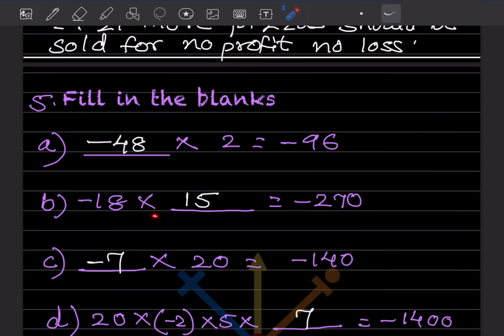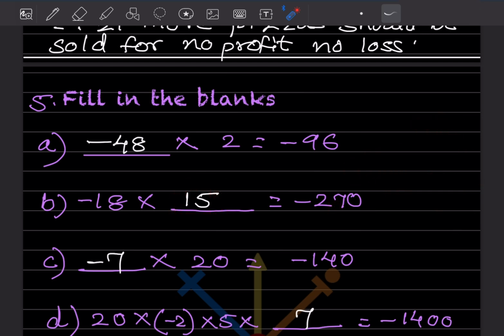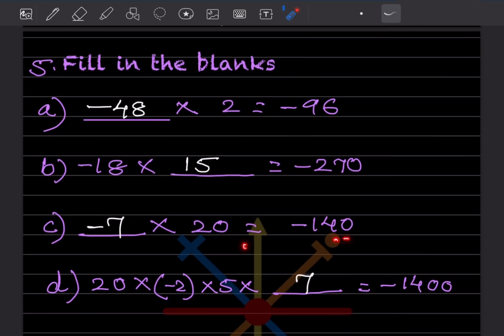Now here again, we don't know, this is the blank, 270 divided, later on we'll see the sign, by 18. 18 ones are 18, 18 fives are 90, so this is going to be 15, but now we have the minus 1 sign, so this is going to be positive. Again for this one, you can see 140 divided by 20, which is going to be 7, but this is negative, so we'll put a negative sign.